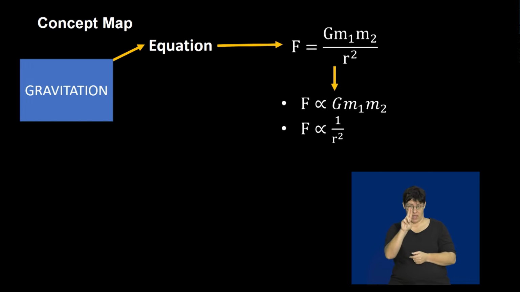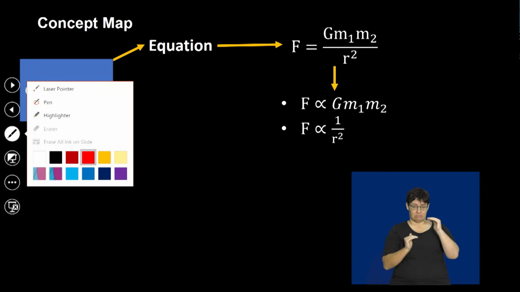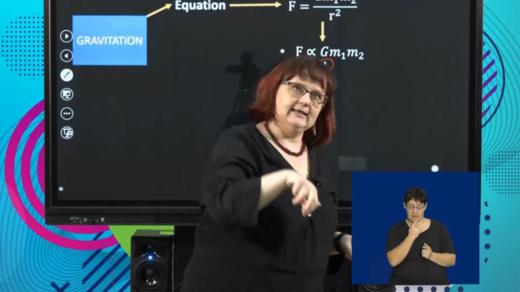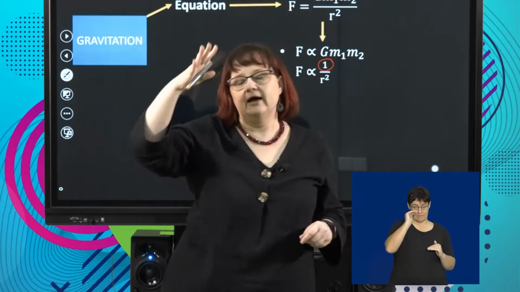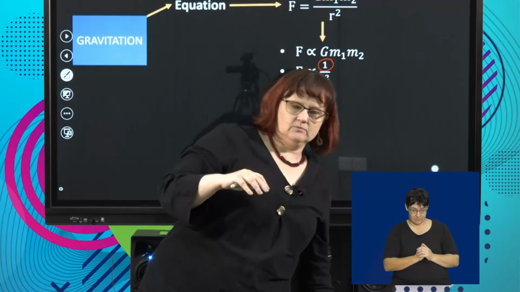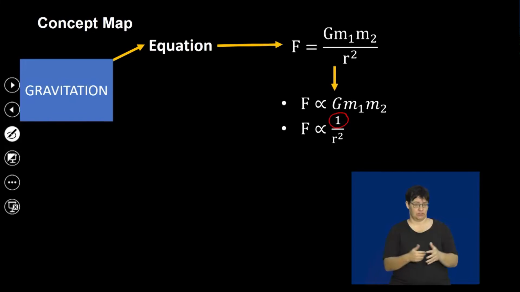Remember that when we want an inverse proportionality, so if we want to show that something is inverse, we put 1 over. And that tells me that when the one thing increases, the other thing decreases. Okay? That we've done lots, so we're not going to worry about that.